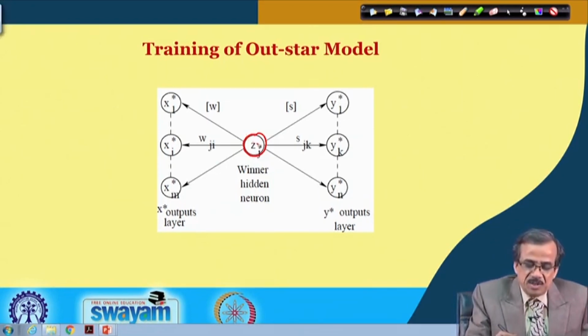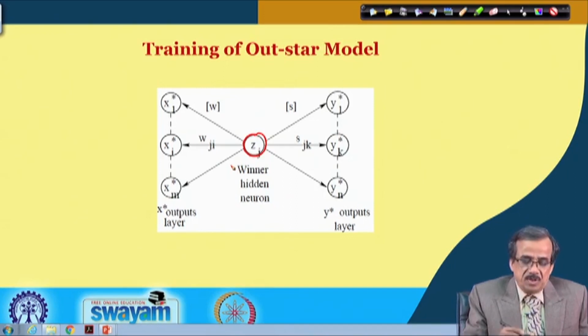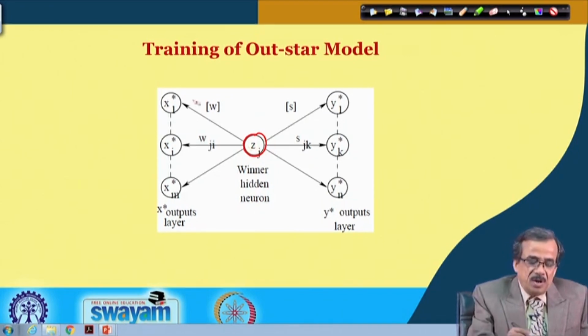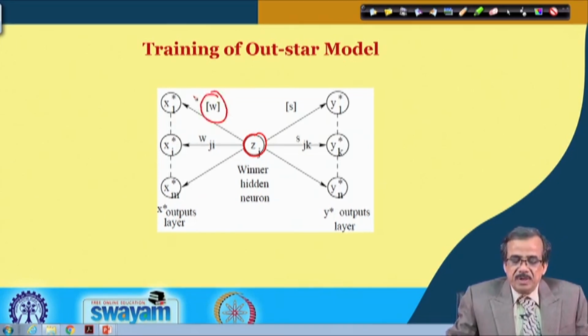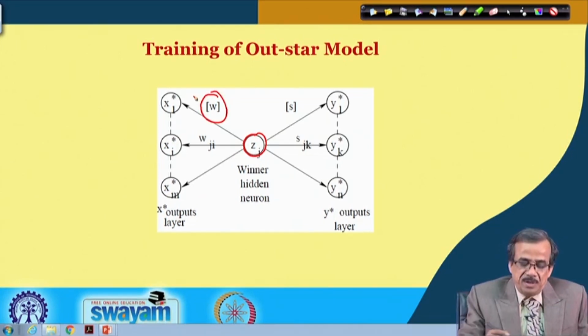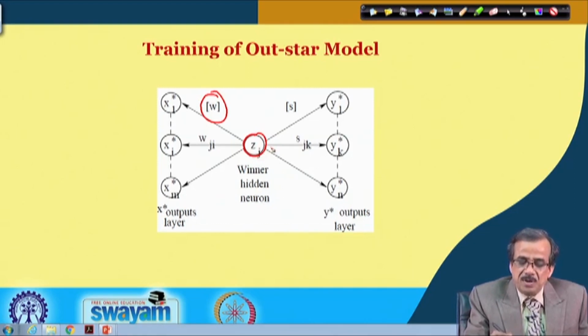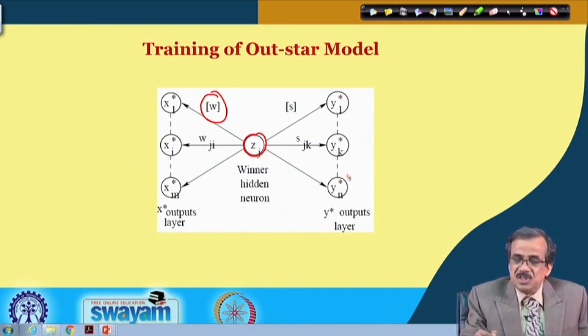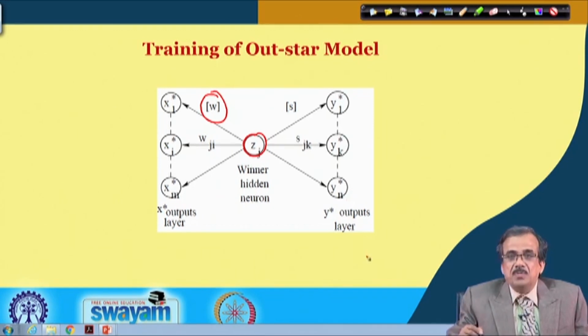Now, if you see, the connecting weights between this winner lying on the hidden layer and this x star is denoted by w, and the connecting weight between the winner hidden neuron and y star, that is your output layer.